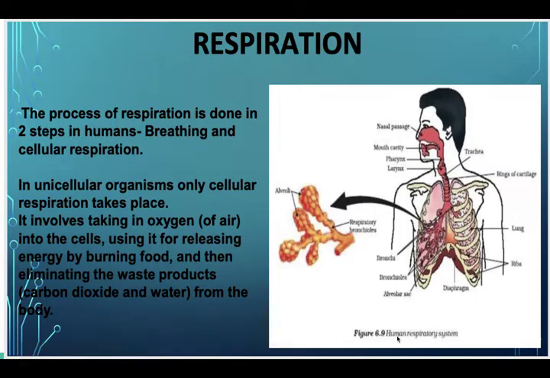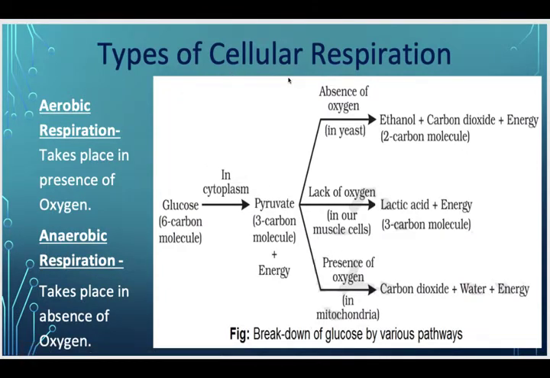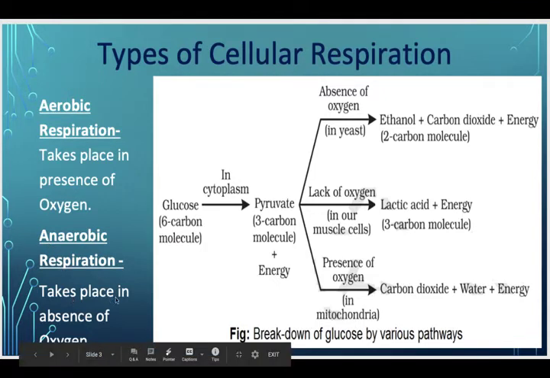Now let us come to the next slide, where you can see that cellular respiration can be further studied in two different types. One type is known as aerobic respiration, which takes place in the presence of oxygen, and that's why it is considered aerobic. The second type is anaerobic respiration, which takes place in the absence of oxygen.